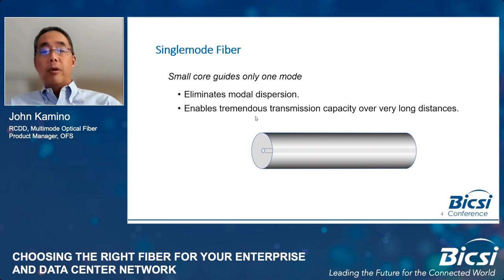A single mode fiber, as the name implies, only allows one mode of light or one path for the light to travel down the fiber. This eliminates what we call modal dispersion, or different modes traveling at different rates of speed through the fiber core, and thus allows tremendous transmission capacity over very long distances.